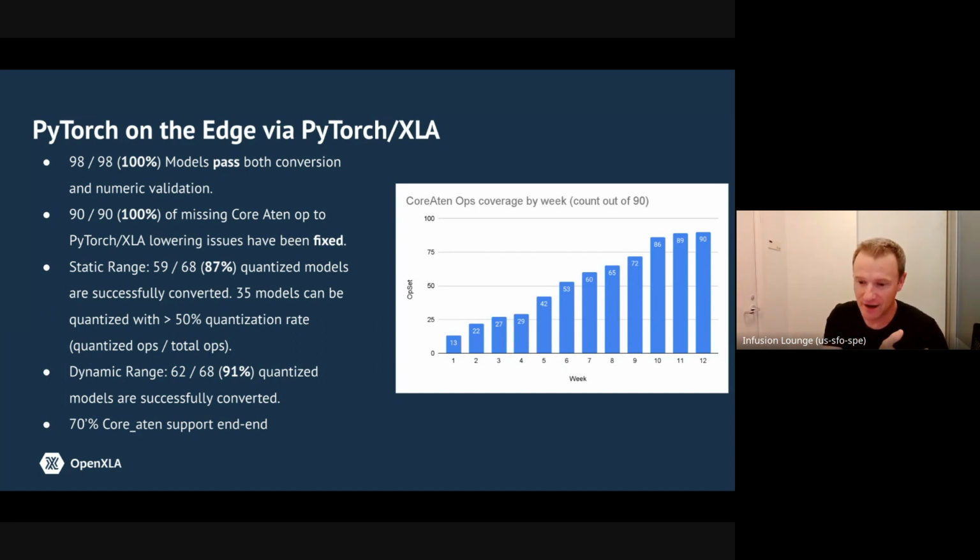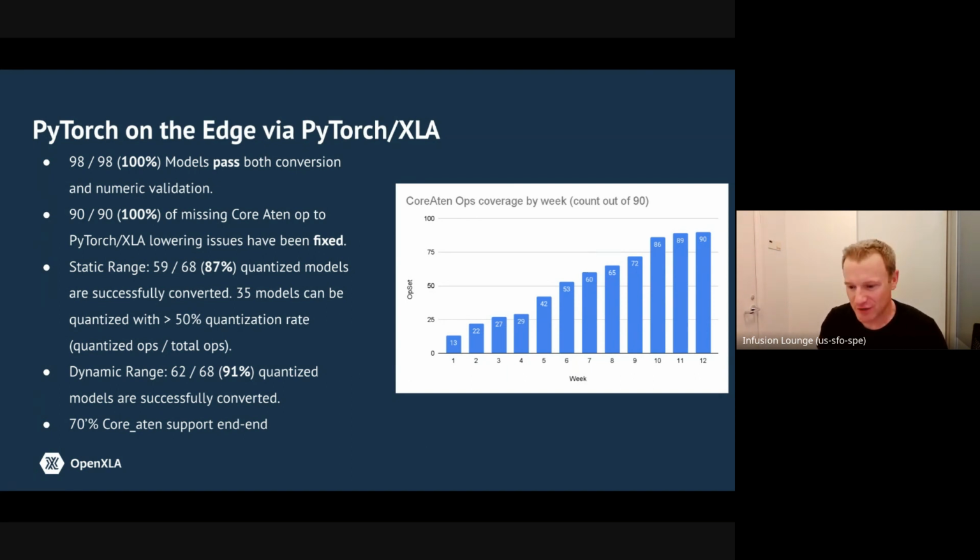We can also see that Stable HLO itself is capable of representing everything that we need to represent in Core ATen. Really the focus now for our team is on converter support and backend kernel support.